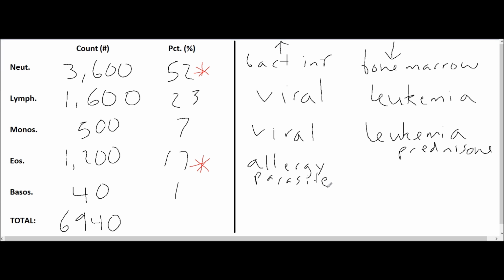And basophils, an increase may be a result of leukemia, and a decrease, sometimes hyperthyroidism or stress, and then also an allergic reaction. So allergic reaction is the one I usually think of, and then also the hyperthyroidism.